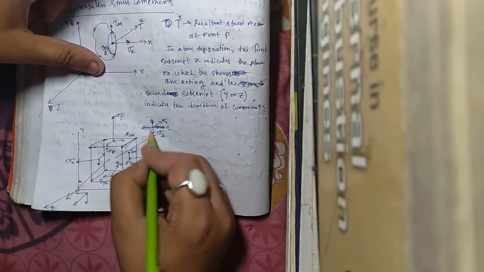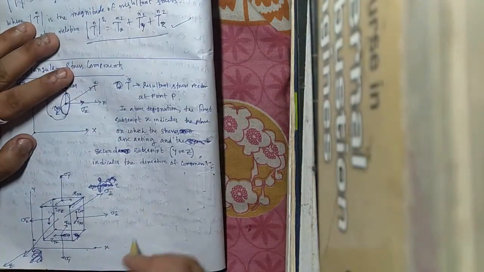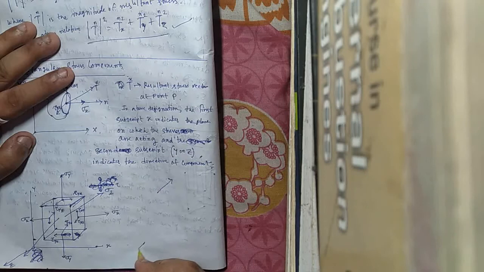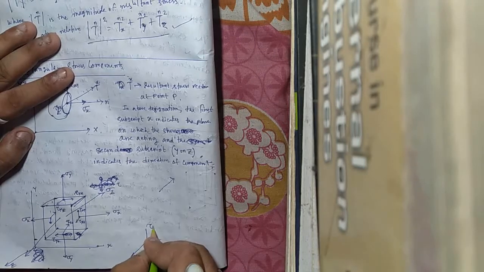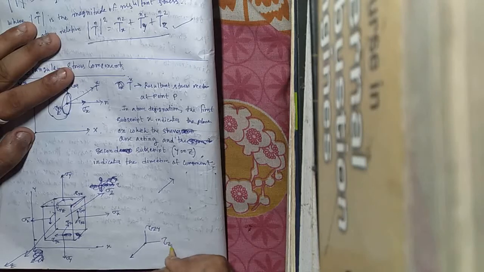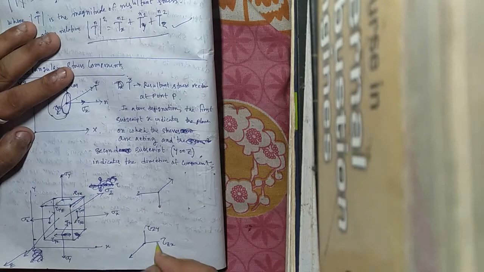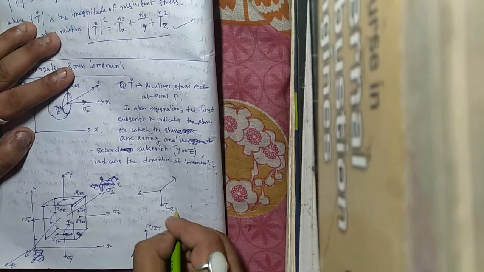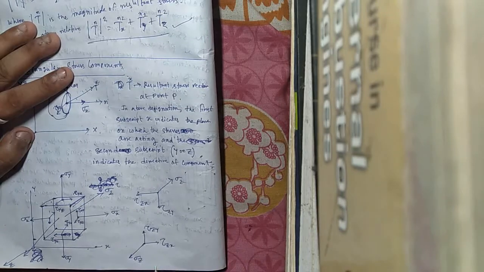This is in the z direction, this is in the z direction, so tau zy, tau zx, and similarly this is tau zy, this is tau zx, this is sigma z, and this is sigma z.